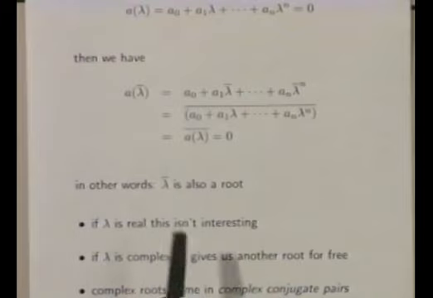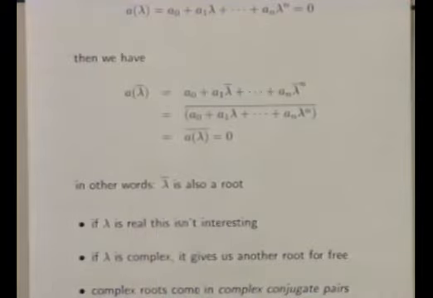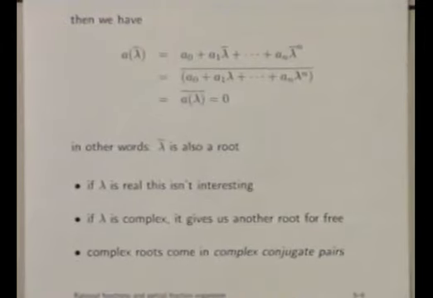And that really says that whenever a complex number is a root of a polynomial with real coefficients, so is the conjugate. And so if lambda is real, this is a totally uninteresting statement. It says that, for example, if 2 is a root of a polynomial, so is 2 bar, which is 2. It's not interesting. On the other hand, if the number is complex, it gives you another root for free.